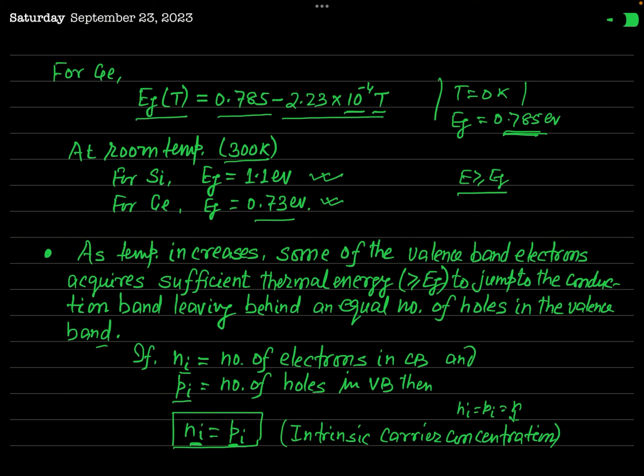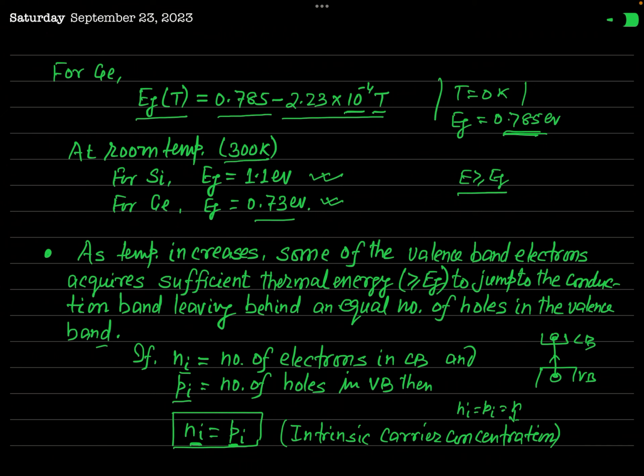Okay. Now, as I have told you earlier, every jump of an electron from the valence band to the conduction band creates a hole in the VB. So the number of electrons in CB and the number of holes in VB will always be equal.